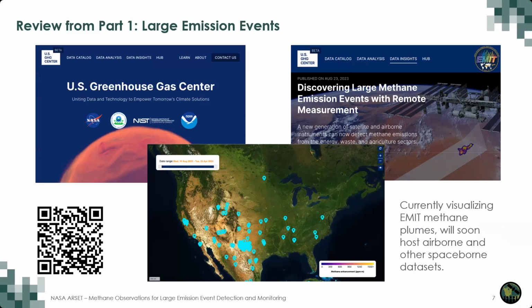We learned how EMIT methane observations can be used to locate methane sources associated with known pieces of infrastructure, which can lead to mitigation activities, discover unexpected emissions, maybe not in inventories, such as pipeline leaks or new sources, and track methane point source emissions over time. We also learned about available data products from EMIT, such as methane enhancement maps that show enhancements of methane above the background of their scene.